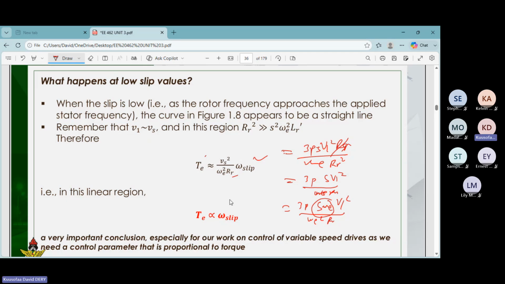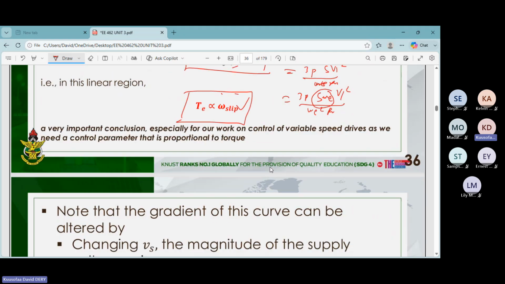So that is what we have here. This relationship that we've arrived at is very important. If you've forgotten the rest, you have to remember this one, because it is the relationship we are going to use for the variable frequency drives that we are going to do.